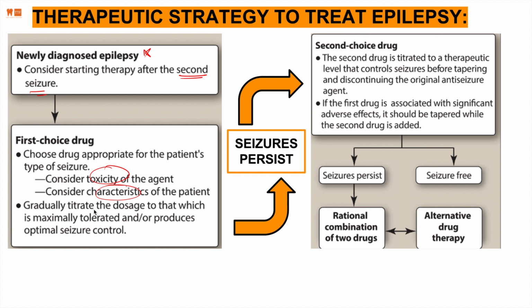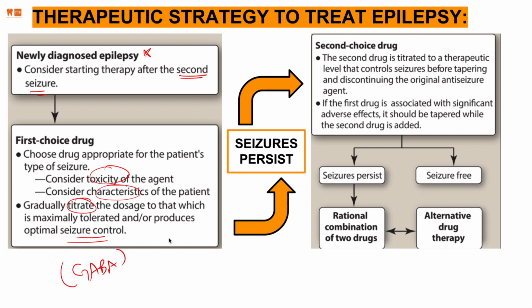Then gradually titrate the doses, just titrate them to that which is maximally tolerated or produces optimal seizure control. No more than that. Remember, we're now playing with GABA and glutamate here, so we need to be careful with the dosing.